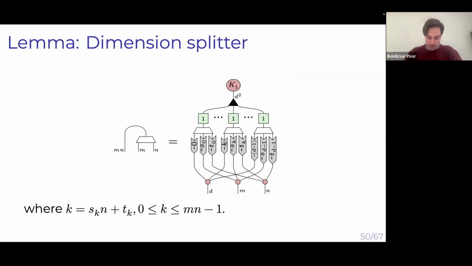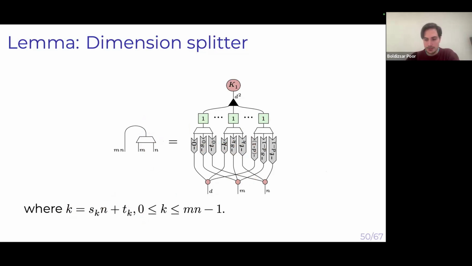And where we had to have some challenging equations was the dimension splitter. So here we had to show that the dimension splitter can be decomposed into its normal form, where these Ks and Sk and Tks are specified by these equations.